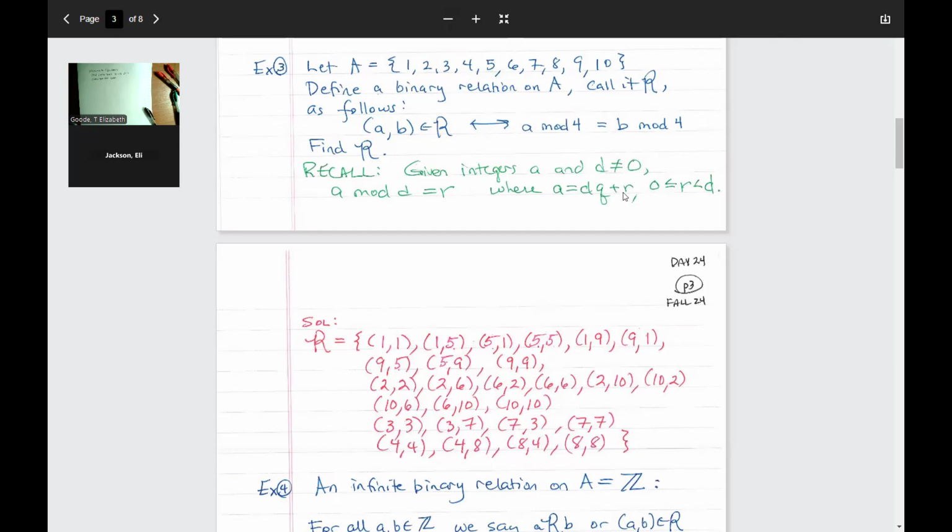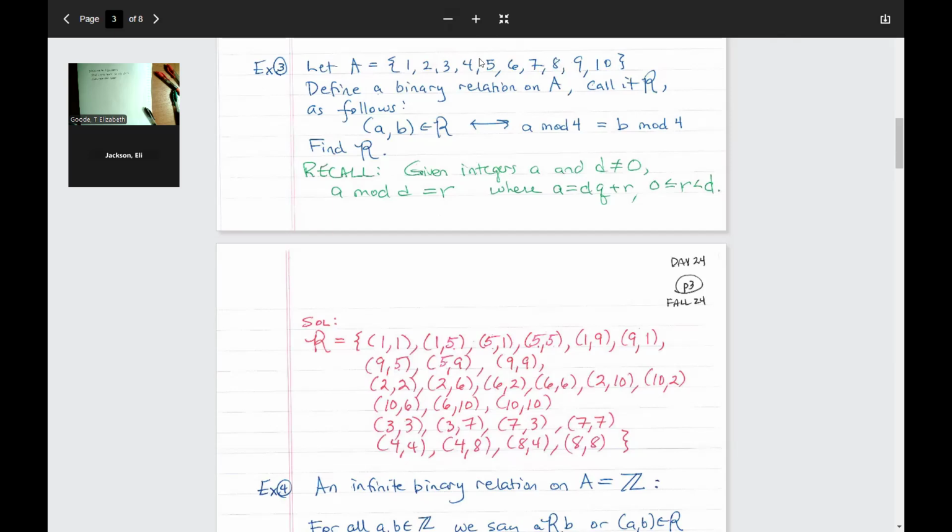But we really care about the remainder. What other elements in A yield a remainder of 1 when divided by 4? 5, 9. And that's it. It's 1, 5, and 9.